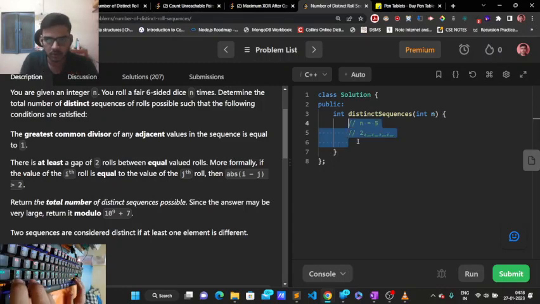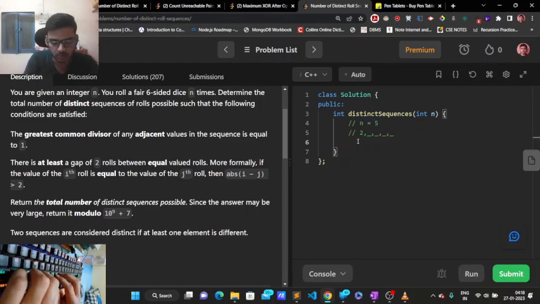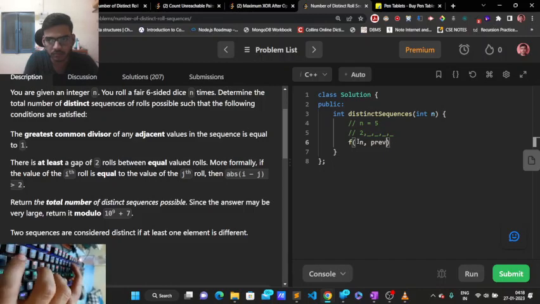Let me first of all define the DP state, which will make it clear. Suppose we have n, PRV1 and PRV2.